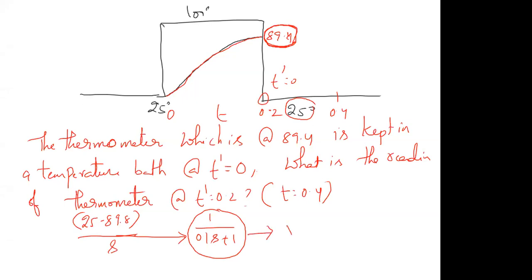So the output response is the new Y prime response. What is this value? 89.8 minus 25? 64.8. Clear?